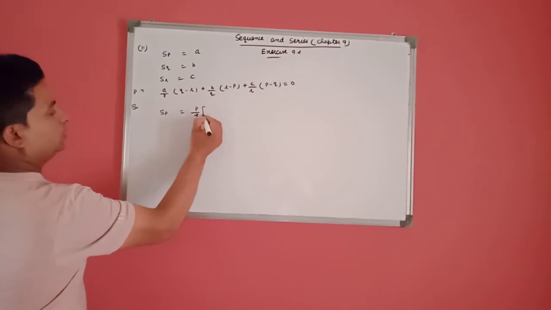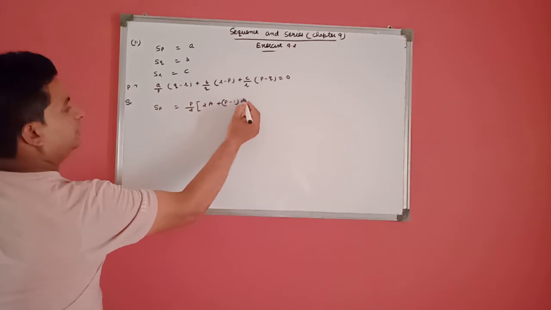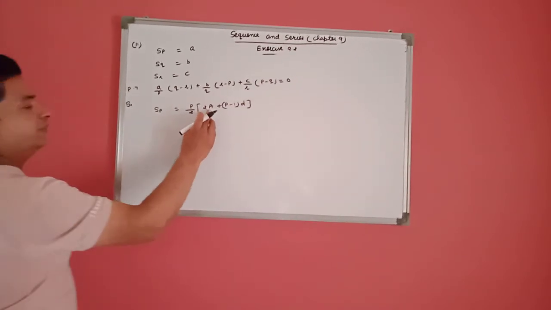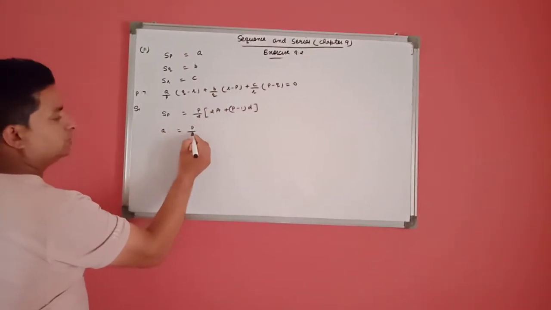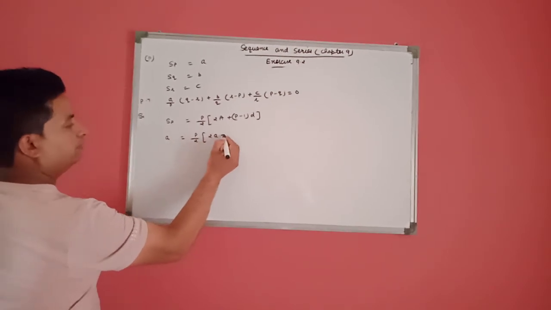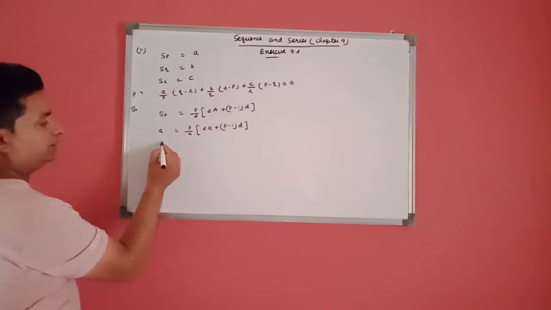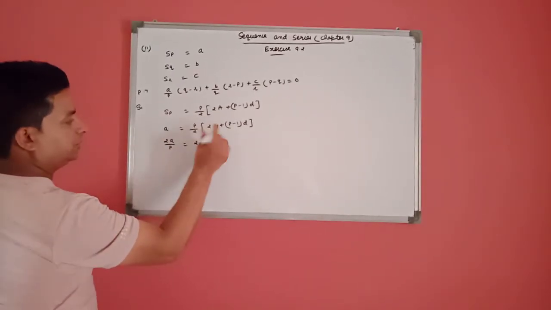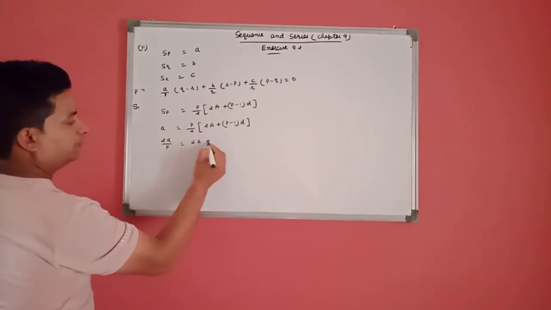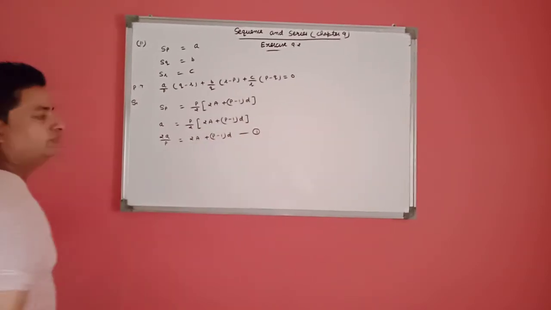S_p is p upon 2, 2A plus (p minus 1) into D. We use capital A here because in the question we have already small a. So this is 2A plus (p minus 1) into D. When we multiply this, we get 2a upon p equals 2A plus (p minus 1) into D. This is equation number 1.